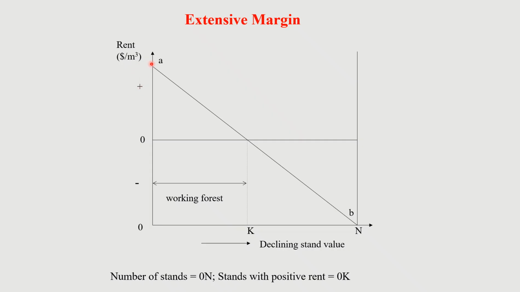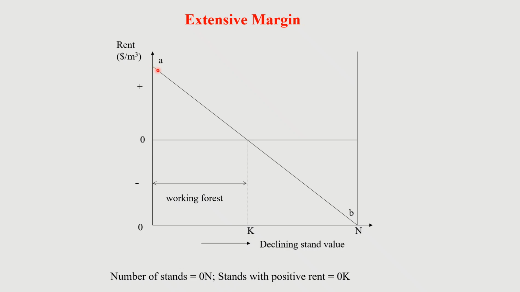So we see that some stands of forest are located very near to sawmills. Some are located very high up in the mountains. Others are located very far from sawmills, such as would be the case in much of the boreal forest of Canada. And what we do is we order these stands in declining value.